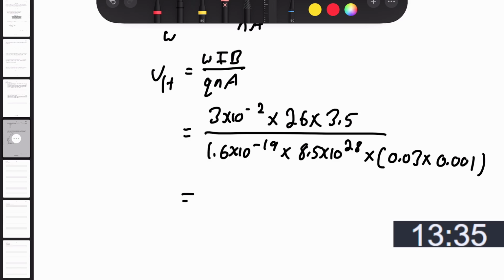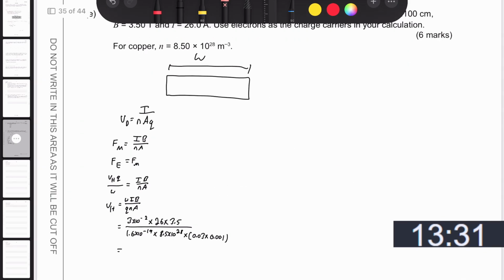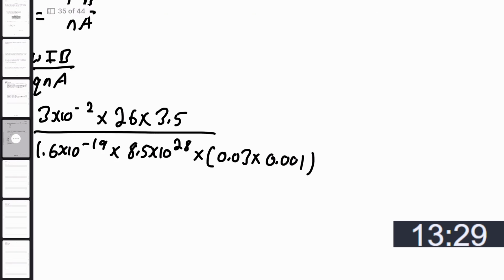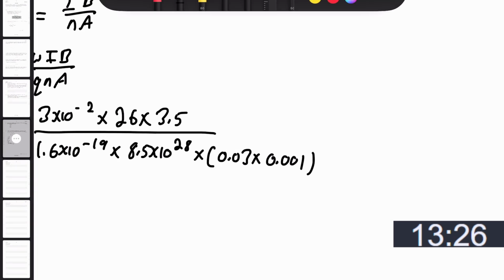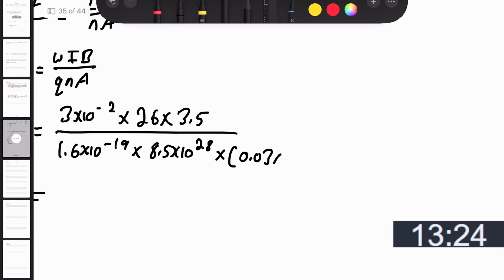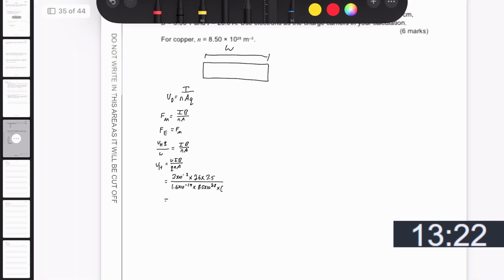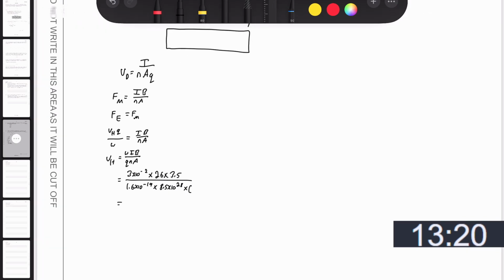Well, yep. That seems very, very small. Oh, because these should be centimeters. Yeah. Oh no, that's fine.